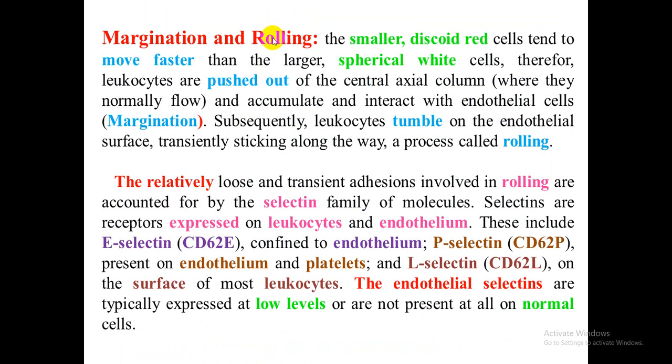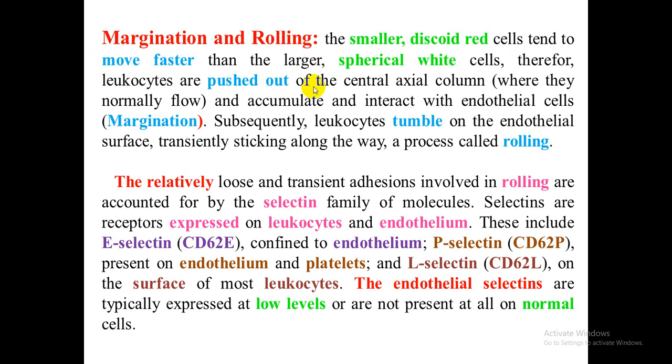Margination and rolling. The smaller discoid red blood cells tend to move faster than the larger, spherical leukocytes.